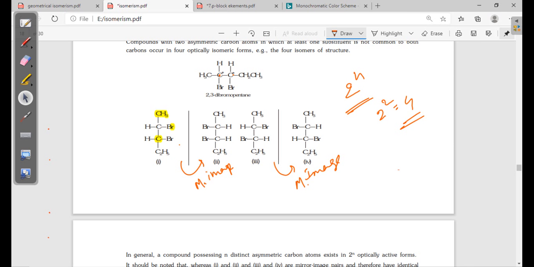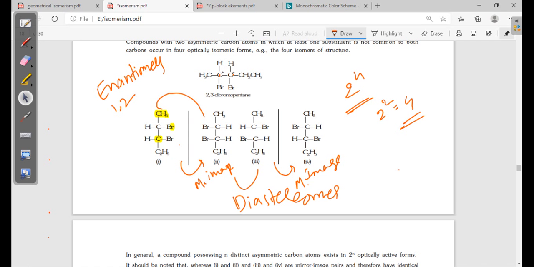So here these two, 1 and 2, are enantiomers. This 2 and 3 are diastereomers. What are diastereomers? Those which are not mirror images. See, your bromine, bromine on the same side, your bromine, bromine on the opposite side. These are called diastereomers.